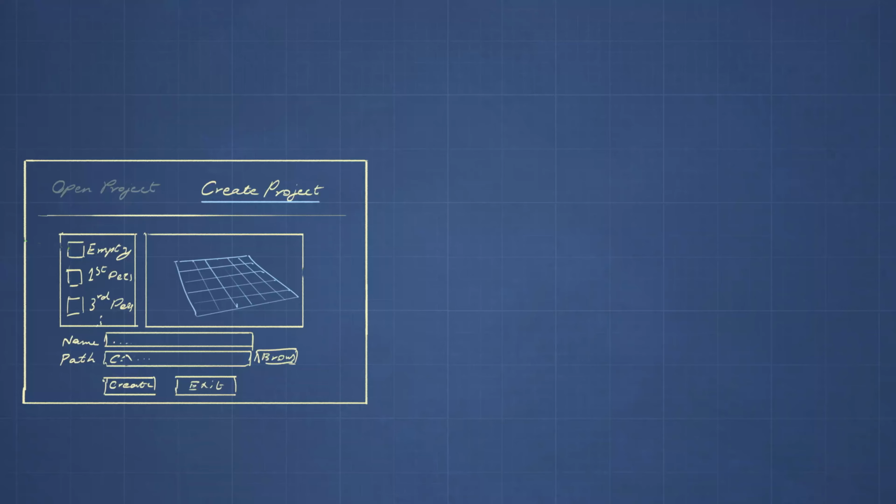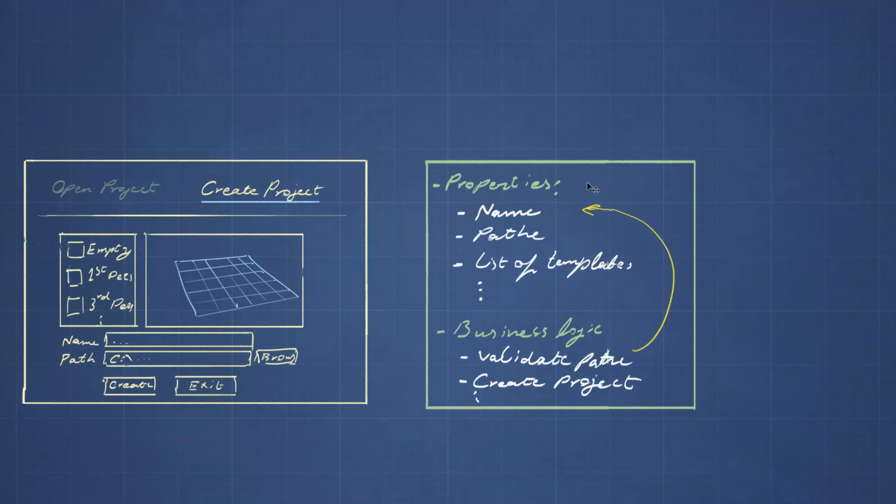What I want to do is to create a class that has the specific things for my use case of creating a project. For example, I want to have these properties or fields for name and path and a list of templates. Basically, that's a code reflection of what we see here.